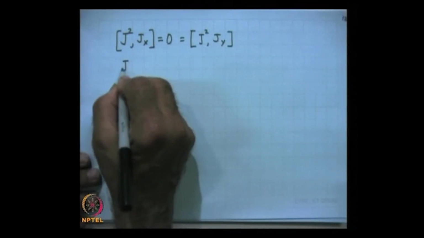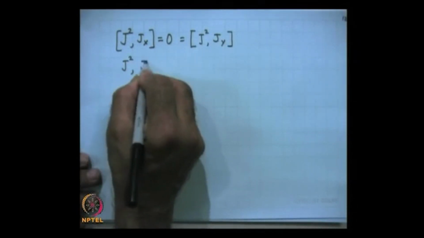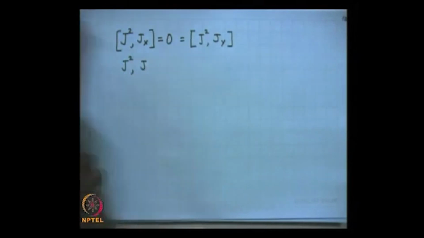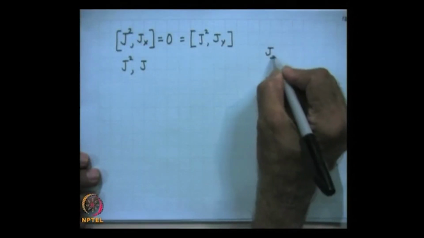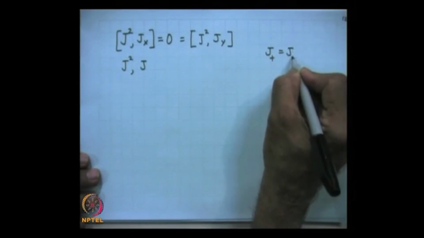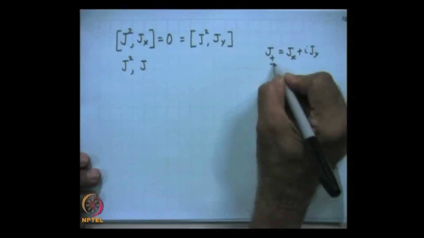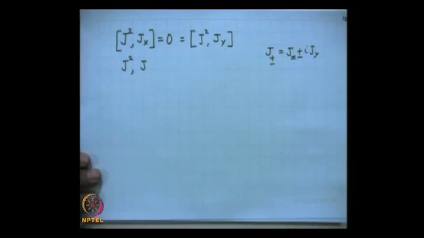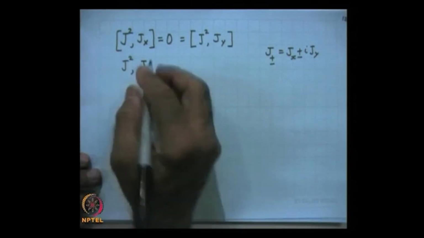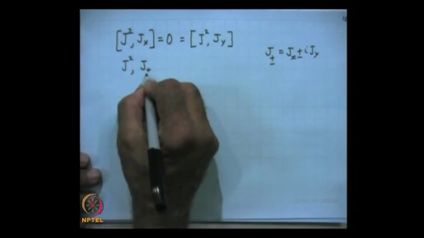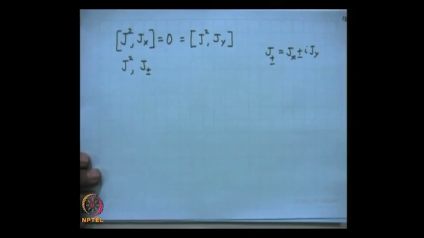So, j square will commute with j plus. If you remember, we had defined the operator j plus as j x plus i j y and j minus as j x minus i j y. So, j square will commute with j plus and j minus.